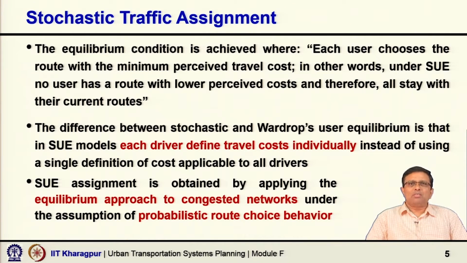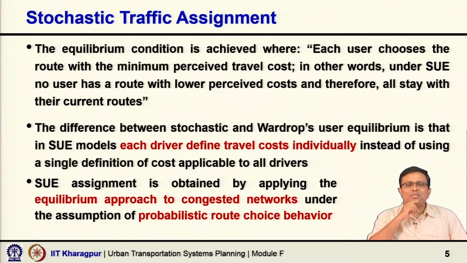Each user chooses the route with the minimum perceived travel cost. Remember that we are sticking to perceived travel cost, so the variability, the stochasticity, is there. So, each user chooses the route with the minimum perceived travel cost.